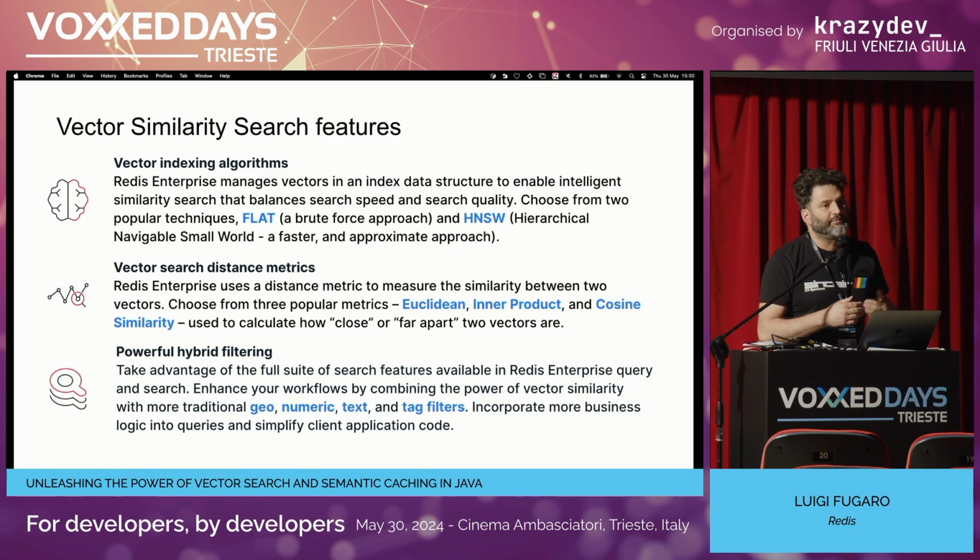This translates, of course, to working on a subset instead of the entire dataset that you have inside your vector database. And the types that we support for filtering are geo, spatial structures, numeric, text, tags, and many others.